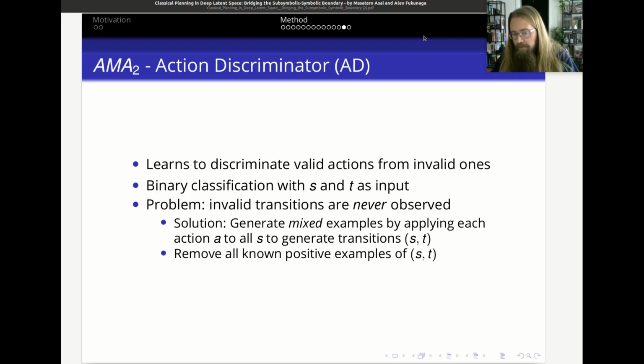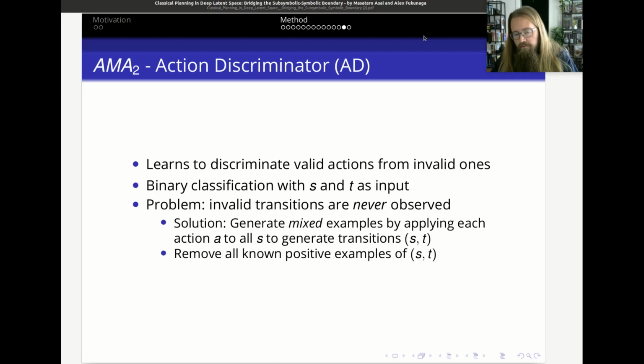The way the paper tries to solve this problem is by generating a mixed examples data set. What is meant by mixed examples is that they look at all the different transitions. So we take S as the initial state and apply all the different actions to this state.